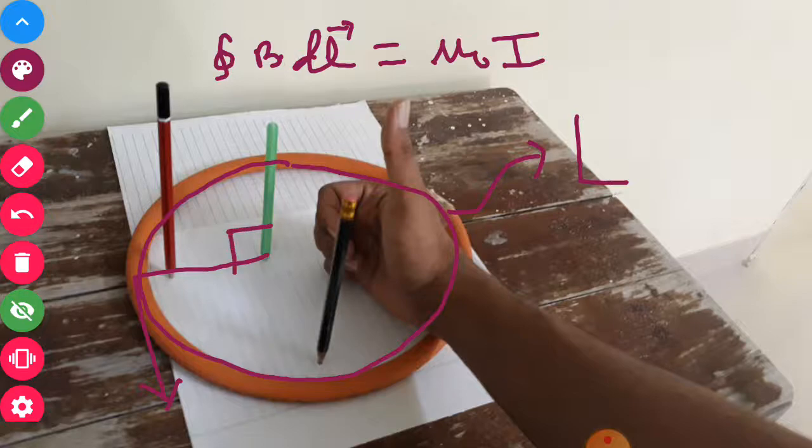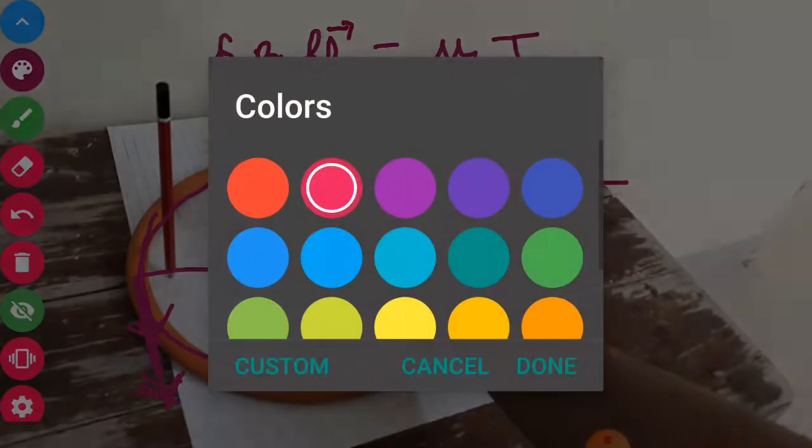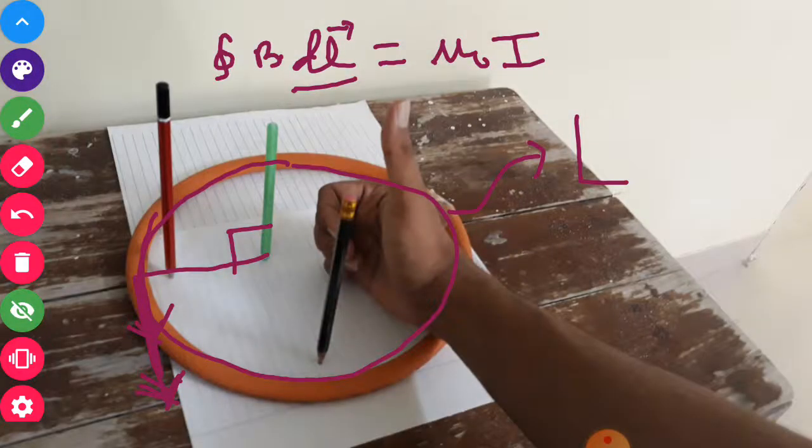Here the magnetic field B and length dl are both in the same direction, so this dot product results in B dl cos 0, so it becomes B into dl.